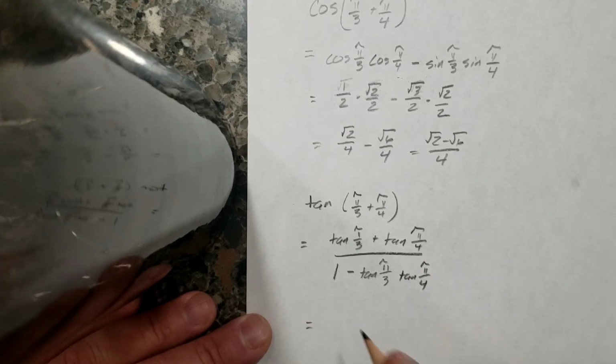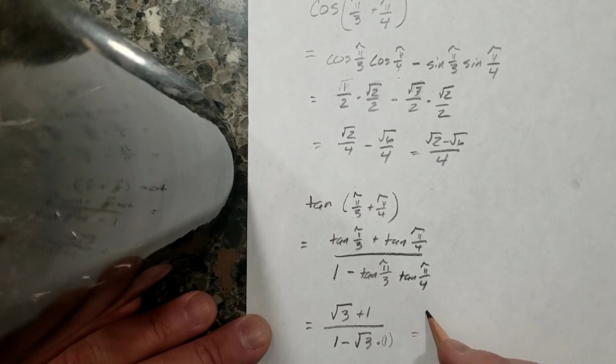And again, we plug those values in. I have radical 3 plus 1 over 1 minus radical 3 times 1. And you end up with radical 3 plus 1 over 1 minus radical 3.